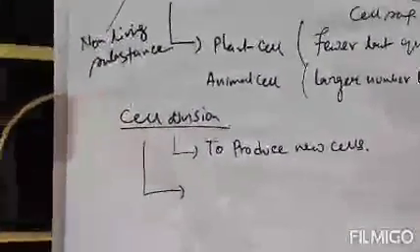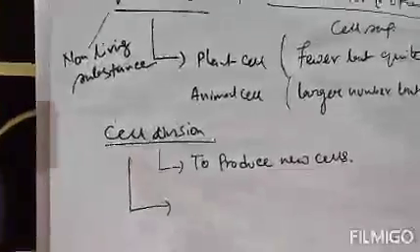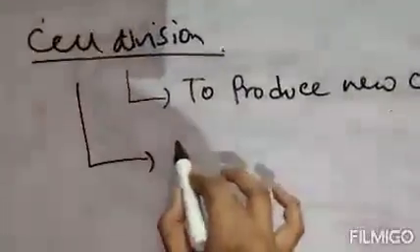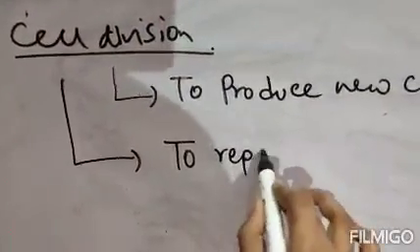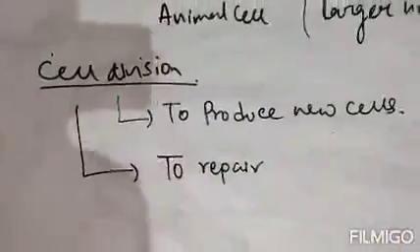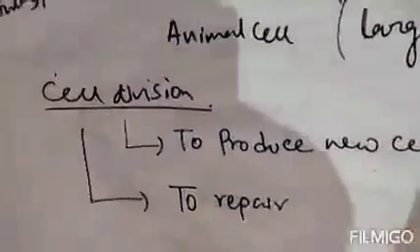This is the number one function of cell division. Number two function is to repair the damaged cells. Clear? So its second function is to repair the damaged cells.